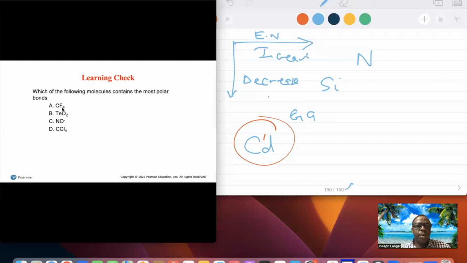As I said, fluorine is the most electronegative on the periodic table, which means it has a high power to pull electrons toward itself. It turns out that A is the most polar. You can see that tellurium and carbon tetrachloride are not as such.